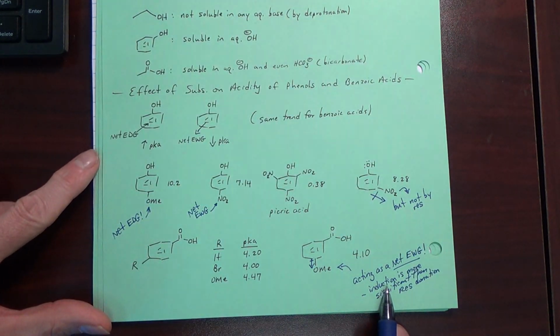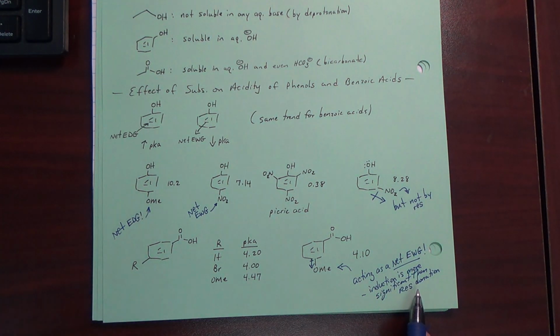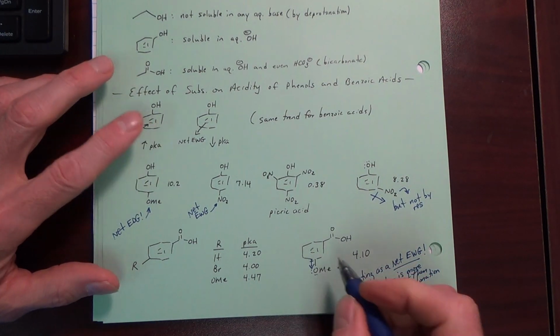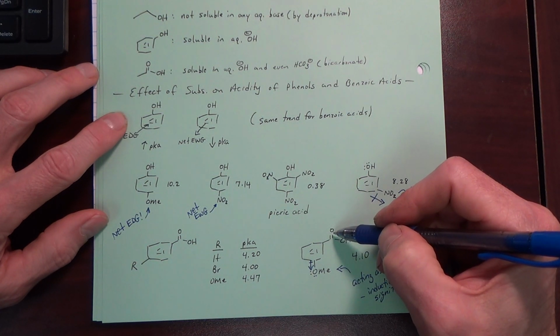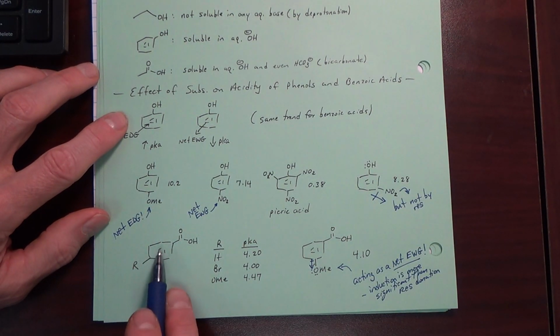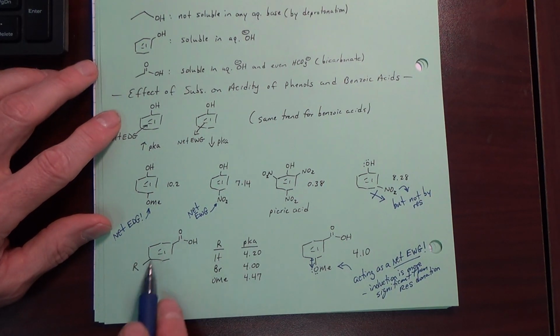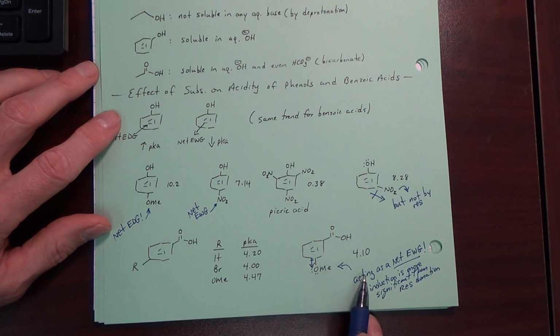Or I should have said inductive withdrawal is more significant here than resonance donation. The oxygen lone pair can donate to the ring here, but it cannot donate to the carbonyl. If it was ortho or para, the lone pair of the oxygen could donate to the carbonyl by resonance. But in this case it cannot.